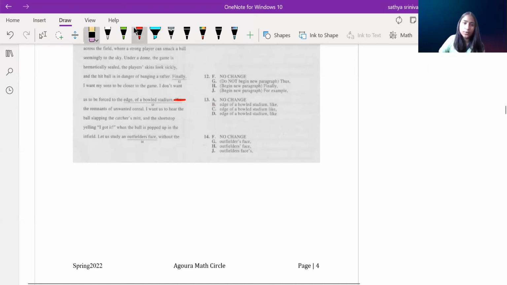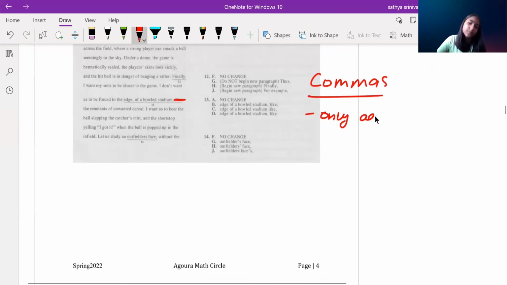Typically you wouldn't put the comma after the like because it sounds out of place. One of the main rules for commas is that you only add it if it's necessary, so you don't add it to random places. So we've eliminated A, B, and C, so our answer should be D.